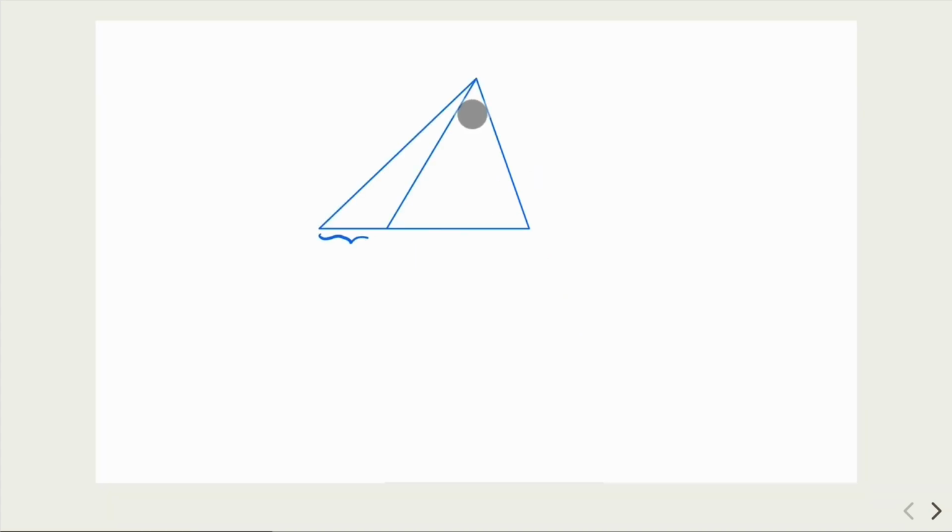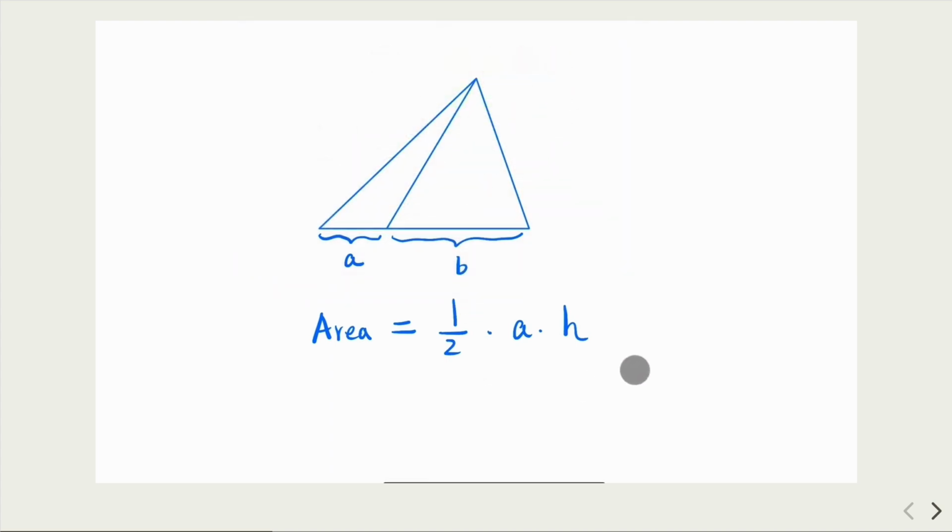In this case, we have a triangle, and we have a point here such that they have different bases, A and B, for the smaller triangle on the left and on the right. So what is the area of the smaller triangle here with base A? It's going to be the formula half base times height, where the height is marked here.